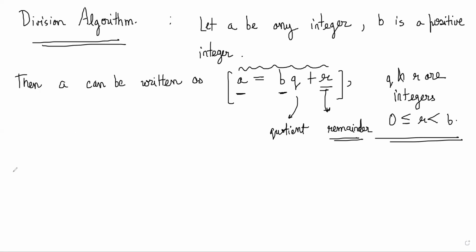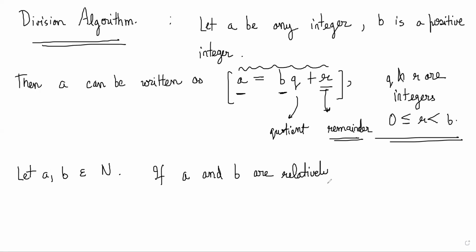Now, the next thing that we can do with the division lemma is this: let A and B belong to natural numbers. If A and B are relatively prime, that means they have no common factors other than 1.